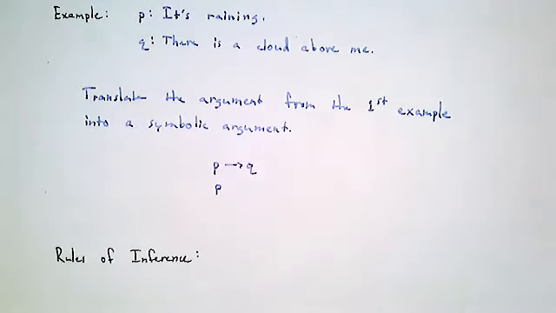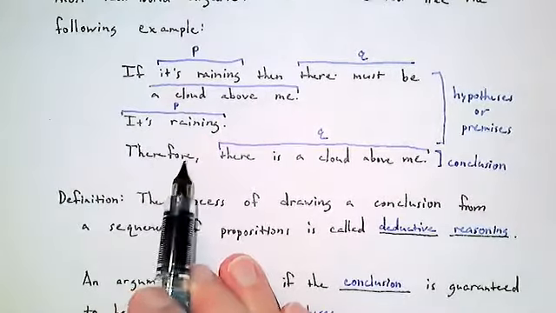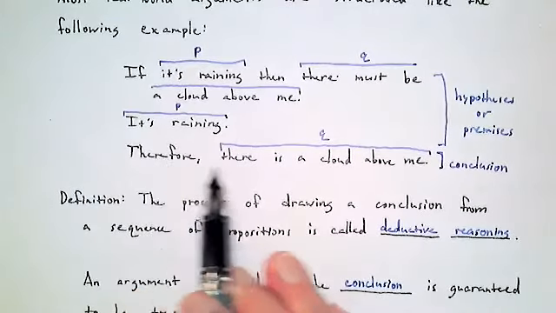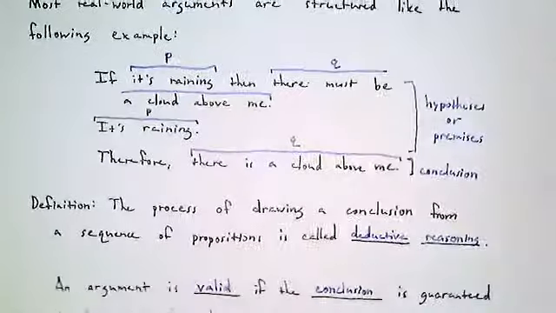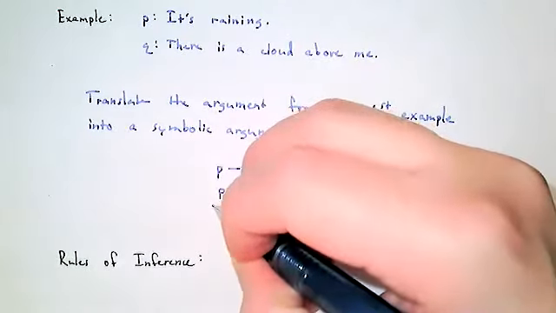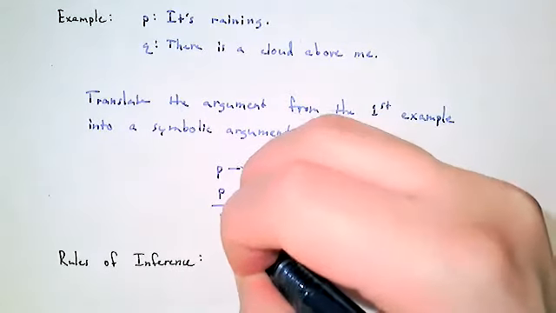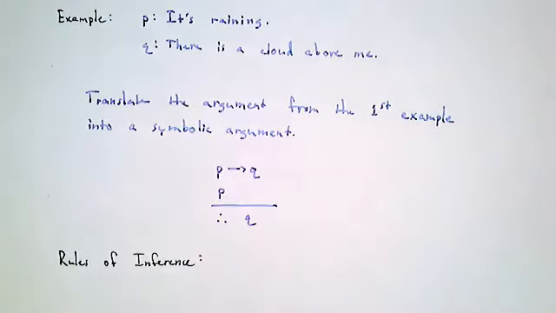And then the last part is the conclusion. We get the word therefore, we'll replace that with three dots, and then we'll write Q for the conclusion. Any questions in how we translated?